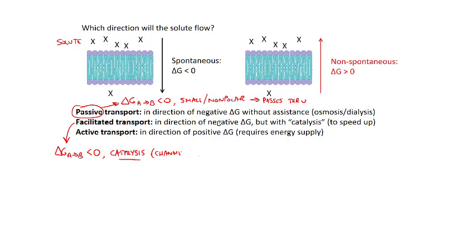That means you've got a channel protein. We'll talk about that momentarily. And then lastly, we've got active transport. That's transport in the direction of delta G from A to B being unfavorable, and that requires not only catalysis, but work.